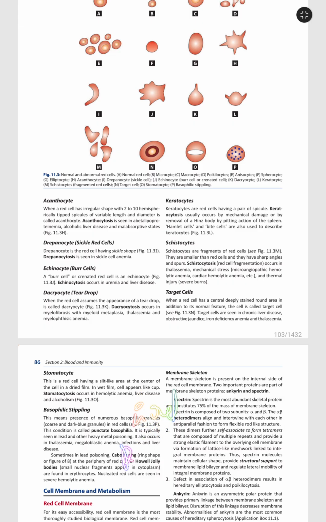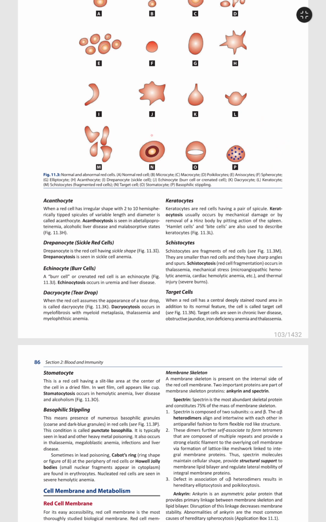This condition is called punctate basophilia. It is typically seen in lead or other heavy metal poisoning. Also seen in thalassemia, megaloblastic anemia, liver infections.